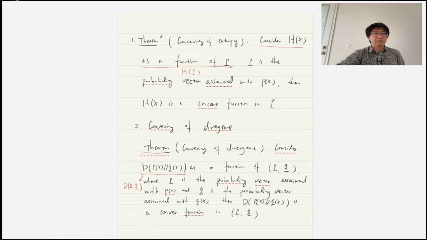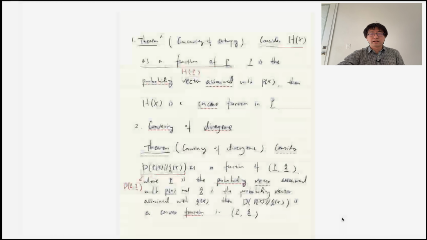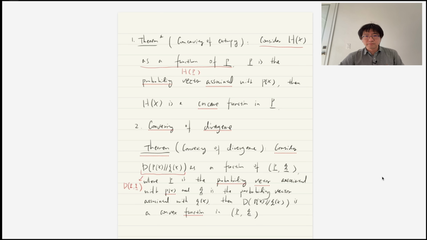I have a quick question. Is P of x a scalar value in this case? The value of divergence is a scalar. P of x is a scalar, but we view it as a vector because we are writing a small x here.